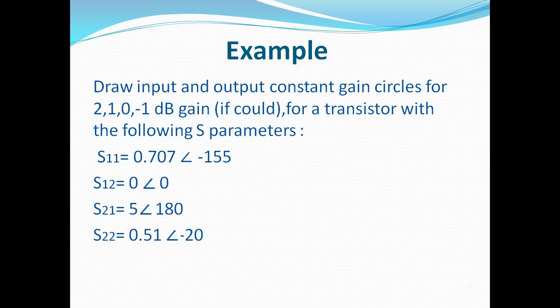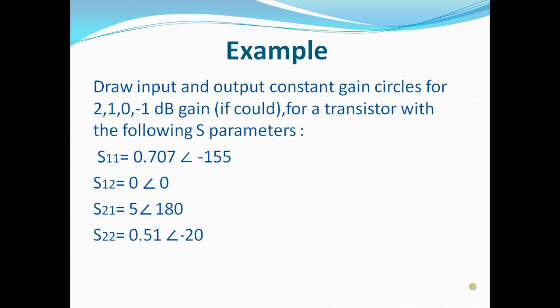Now we have an example. The example says, draw input and output constant gain circles for 2, 1, 0 and -1 dB gain, if possible, for a transistor with the following parameters.